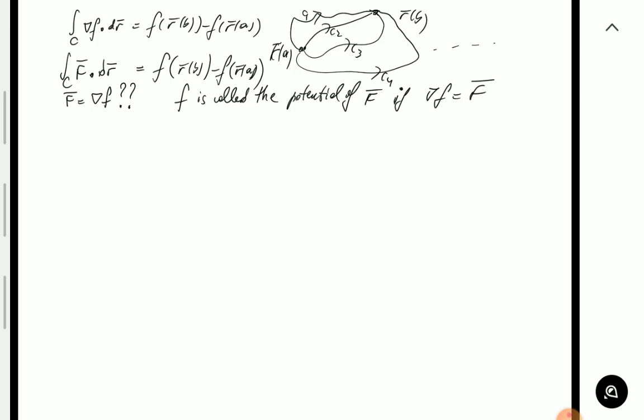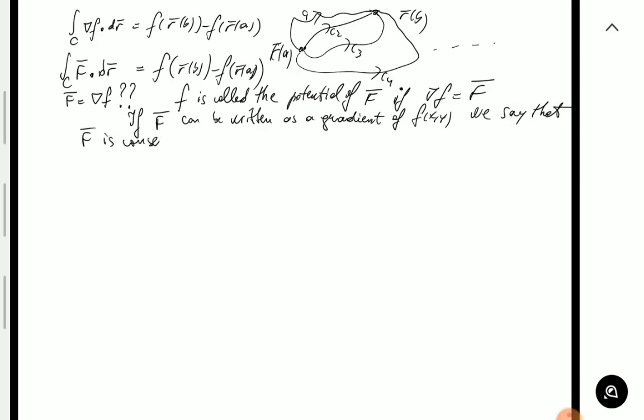So little f is called the potential of big F if the gradient of little f is big F, and if a vector field big F can be written as a gradient of f of x, y, we say that the vector field big F is conservative.